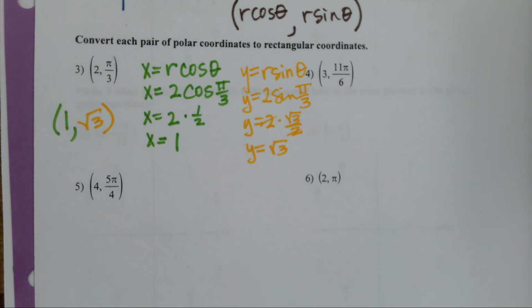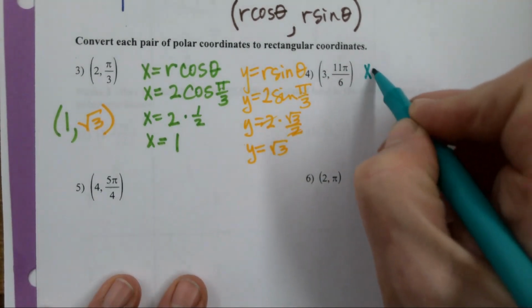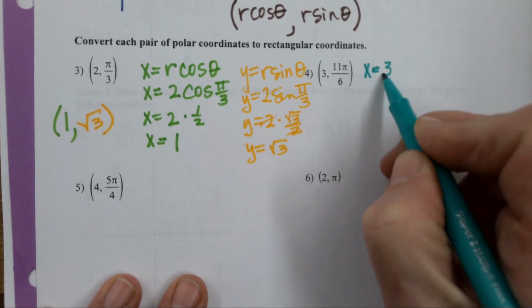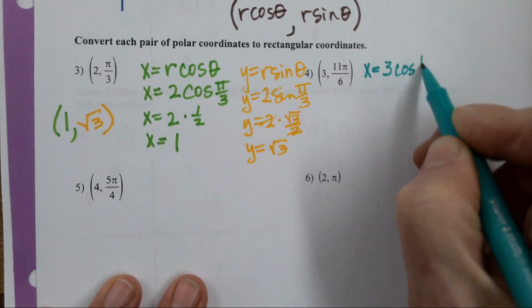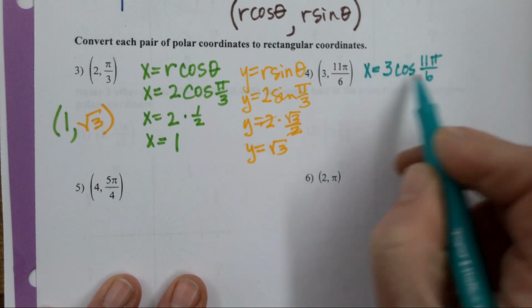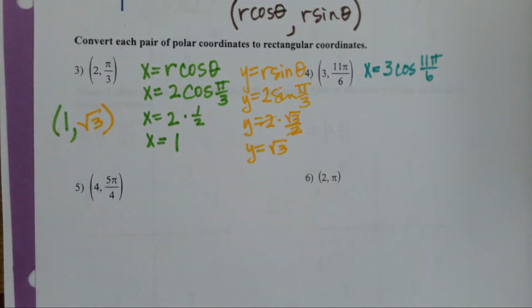So I'm going to go ahead again and do the same thing that I did on this last one. I'm going to find my x. That is 3 times the cosine of 11 pi over 6. And I remember these, actually remember x is very closely related to the cosine.